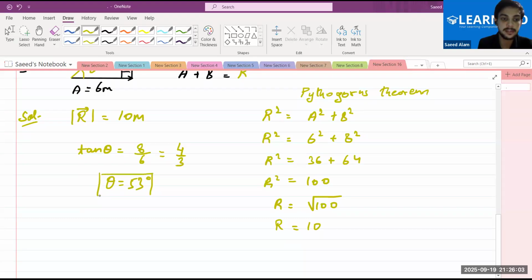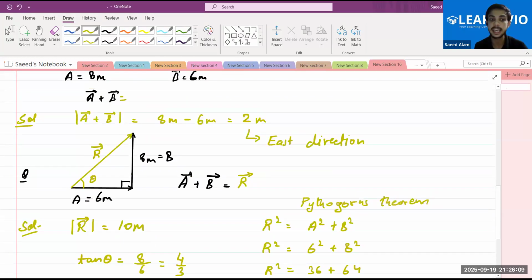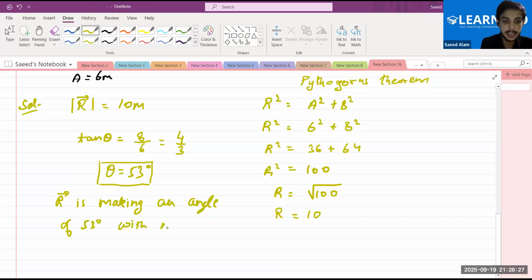Okay, so your answer will be that R is having the magnitude of 10 meter, making an angle of 53 degrees with the A vector. What you can say here is that R is making an angle of 53 degrees with A. Understood? Yes. You can describe the R completely like this.